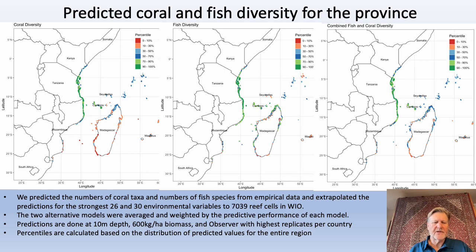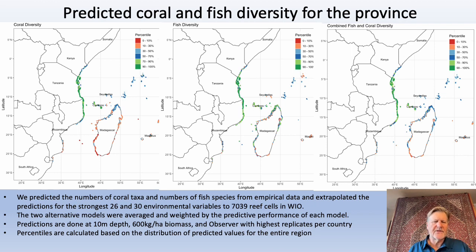In this case we picked 600 kilograms per hectare, which is above the saturation curve. So this allows you to then look at biodiversity in a comparable way without predicting what might actually occur there.